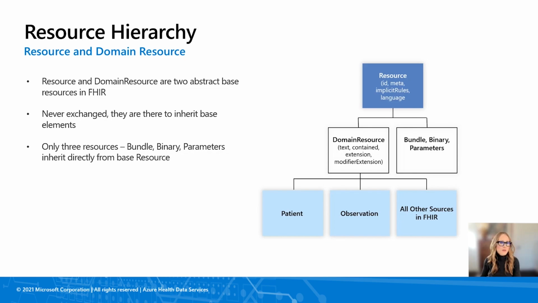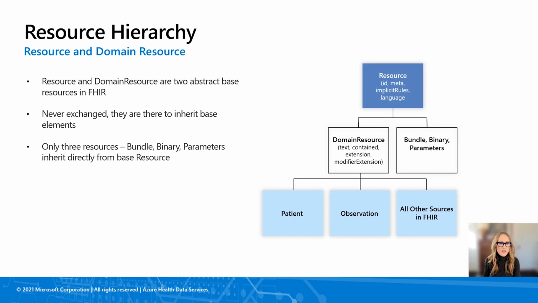So at the most fundamental level, resources are going to contain metadata, which we covered. They're going to contain some implicit rules and a specific ID. From that resource fundamental structure, there's a few branches. Resources will either branch off into a bundle, collection of resources, binaries, parameters, or a specific domain resource.